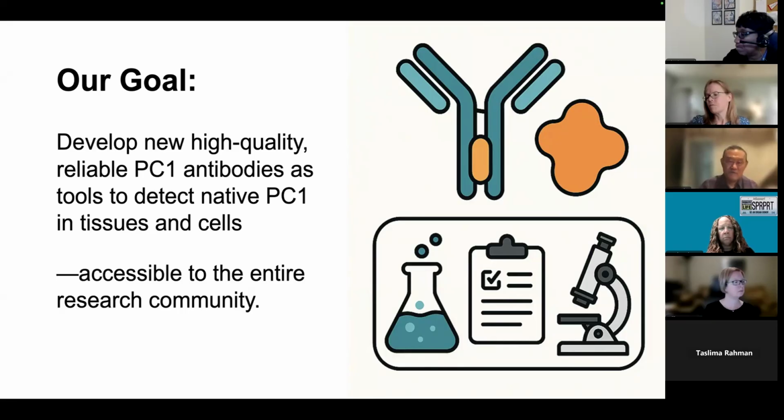I was chosen by the U54 to do that because I have a long-standing interest and we have had lots of success with other types of antibodies. So we are committed to putting our own effort in my core to develop a different kind of antibody, hopefully overcoming the previous obstacles and making a really great antibody. So this is our goal.